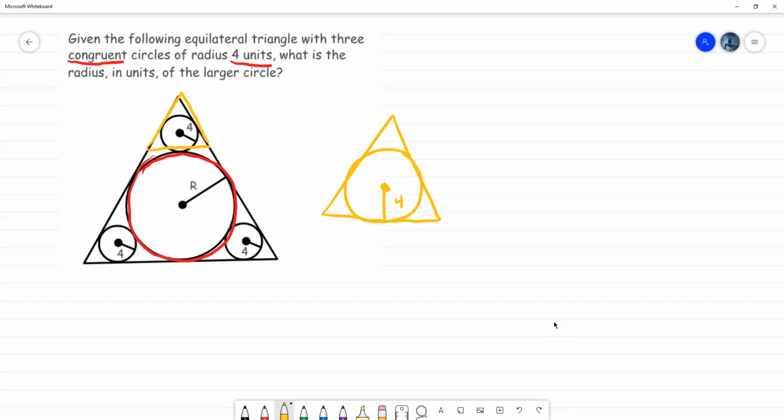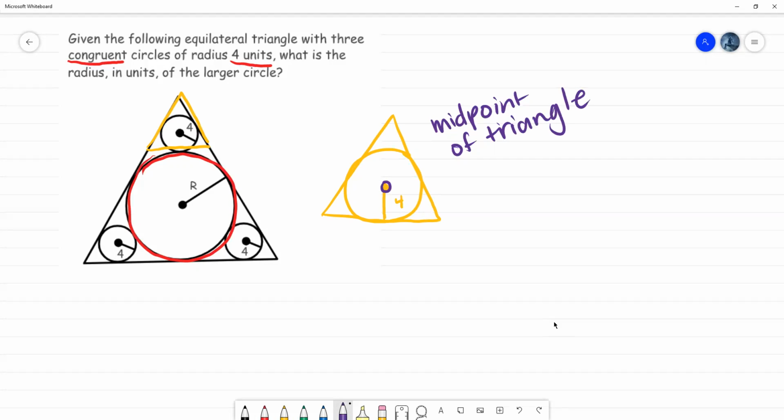And there is a rule for equilateral triangles and their midpoints. Because this is the largest possible circle that can fit in this triangle, the midpoint of the circle is also the midpoint of the triangle. So let me color code that right here. Midpoint of triangle.